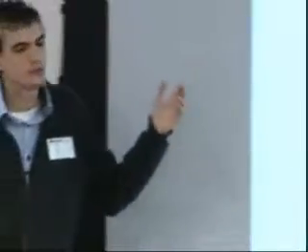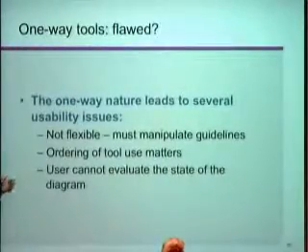Second, the order they apply the tools matters. So if they create one guideline or alignment before the other, then different things happen. And finally, they can't evaluate the state of the diagram at a particular point by looking at it. Let's say they were to open the diagram at the third stage of that example I showed. They can't tell what's going to happen next unless they either look at the formulas that are actually enforcing these relationships, or they actually move objects and see how the attachments are connected.